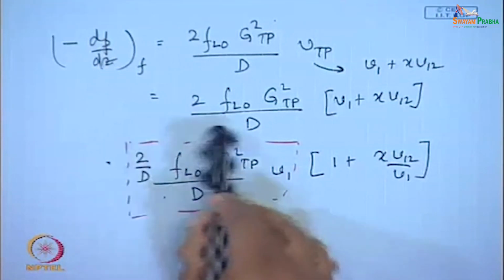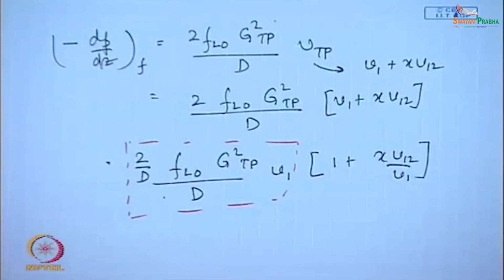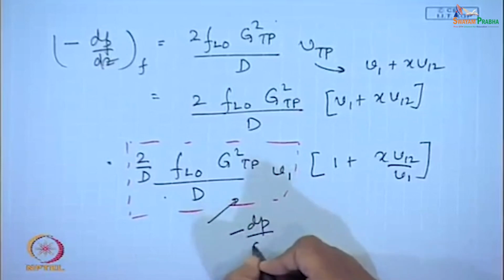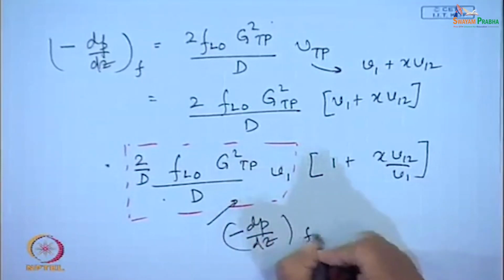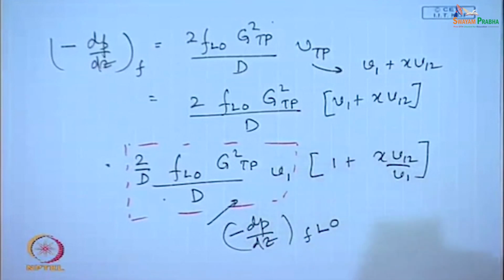So, therefore, this term signifies the pressure drop when the entire mixture flows as liquid only through the pipe. Do you get the point? So, therefore, this can be substituted as the frictional pressure gradient for liquid when the entire mixture flows as liquid only in the pipe.